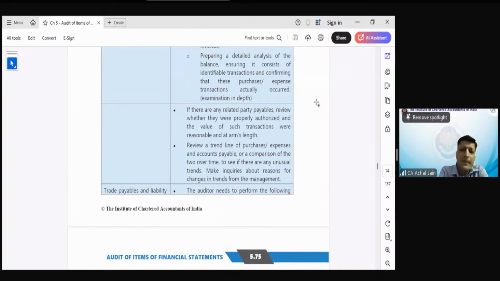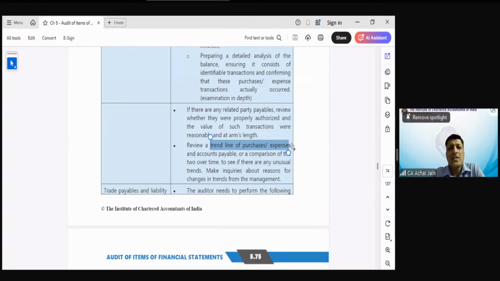Okay, next. Then we can also look at some of the analytical procedures wherein the trend of purchases can be observed, trend of expenses can be observed. We'll discuss this in further detail when we move on to the P&L.